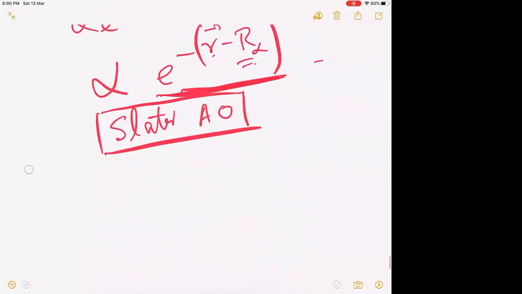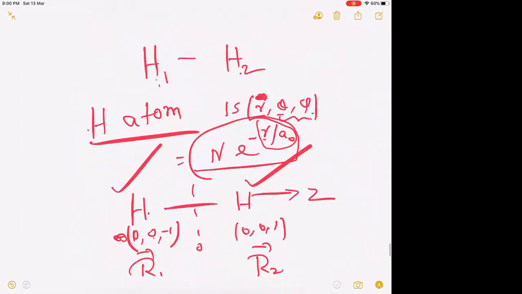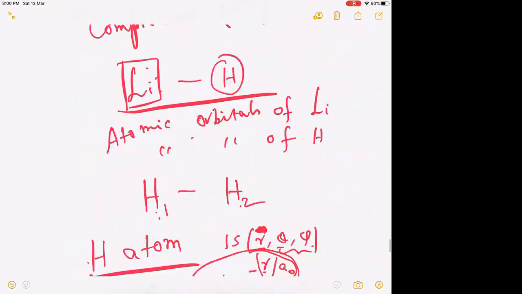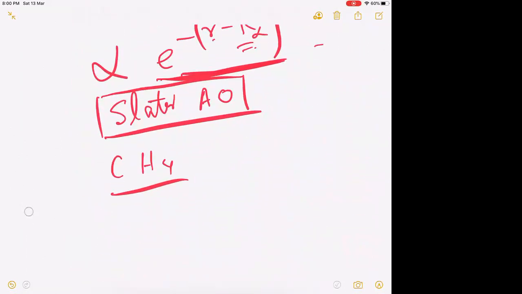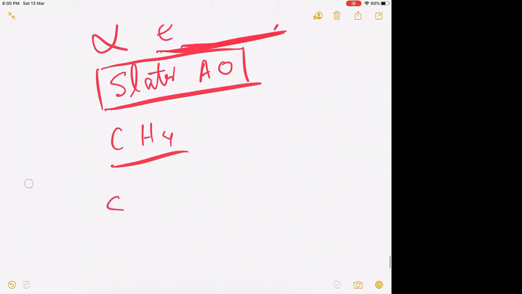The question is, I come back to methane and ask how many I have to take, because I talked about capital K and told you as large as possible. But what is the minimum that you should take? If I'm doing carbon, the minimum I should take, as chemistry dictates, is 1s, 2s, 2p.